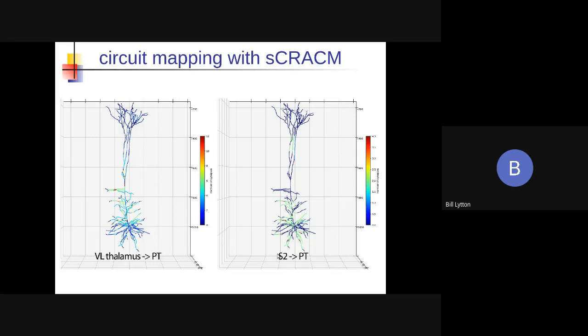Reality is always far more difficult than simulation, which is why I don't do it. So that you can activate here and see that there's perhaps overall somewhat lesser activation and a somewhat different pattern here. There's this more distal activation from S2, a little bit more proximal from ventrolateral thalamus in the apical dendrite of the pyramidal type cell.